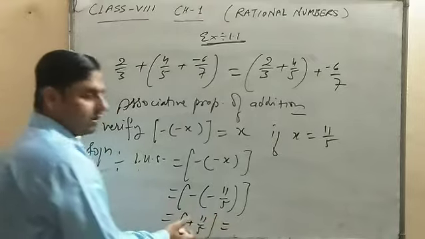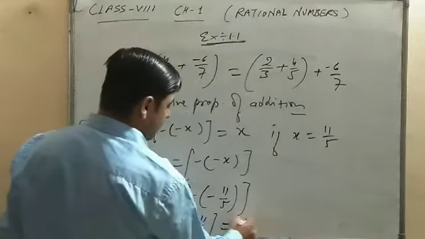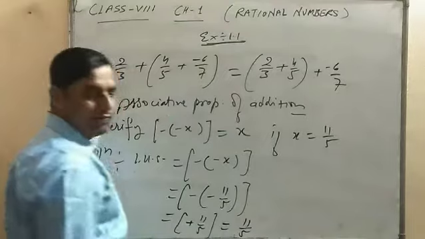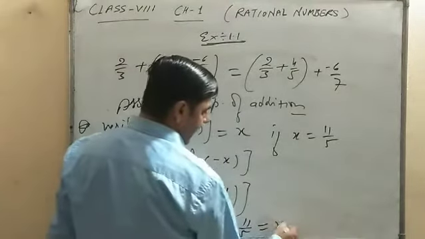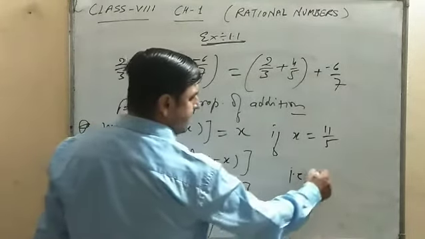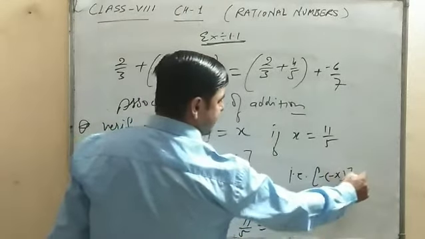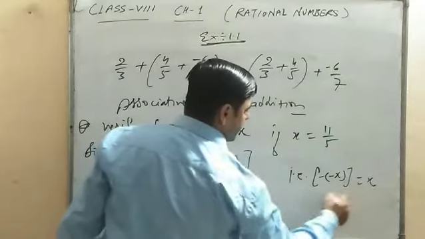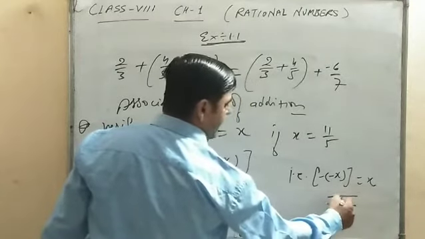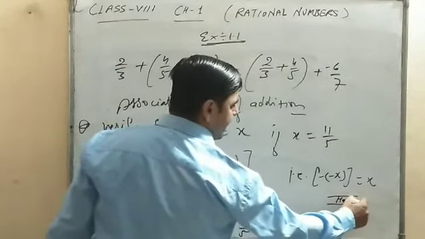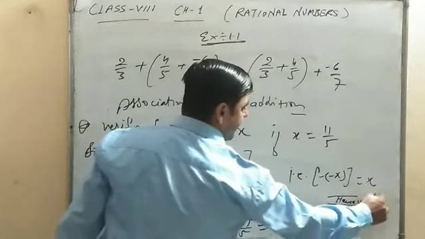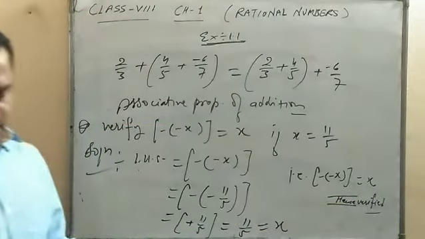After that we will solve the big brackets. So you will get 11 upon 5, which is already the value of x. That means minus of (minus x) is equal to x. Hence verified.